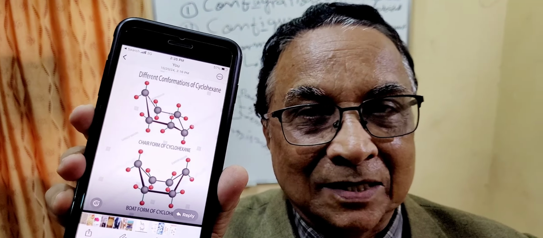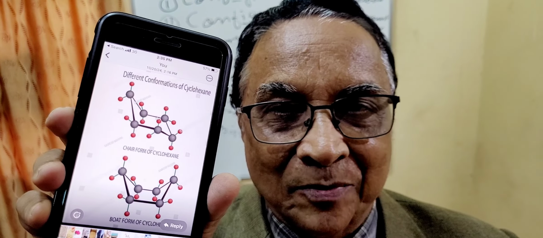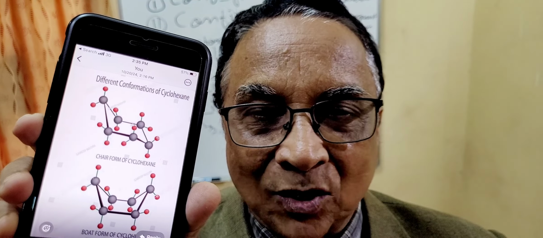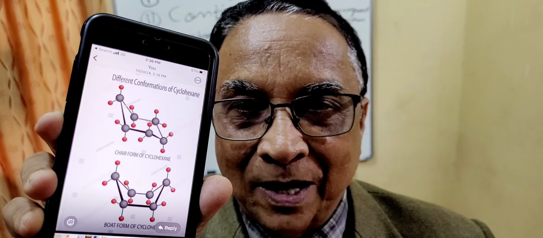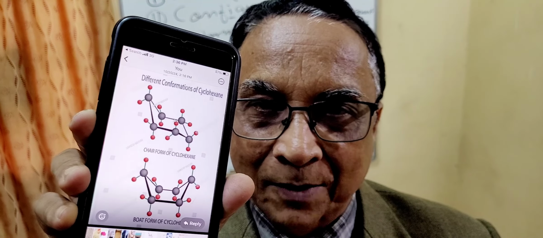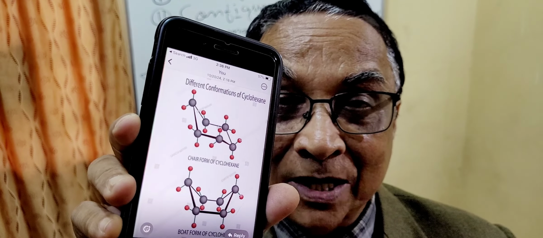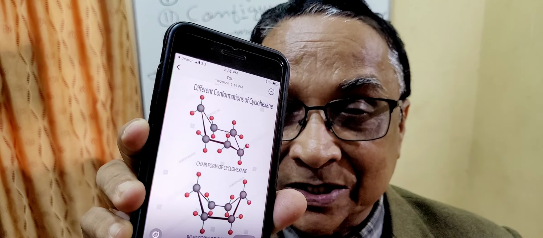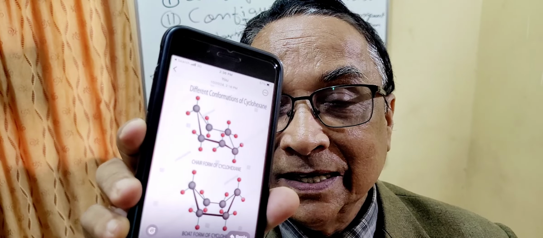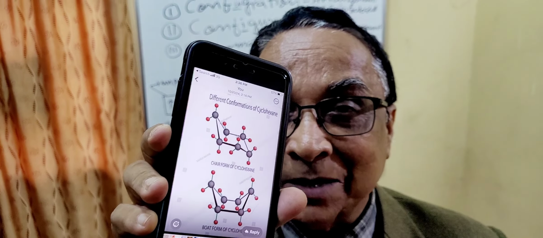In this image, a very clear image is shown about the conformation of cyclohexane, how cyclohexane is twisted either in the form of chair form or in the form of boat form, or half twisted or full twisted, and that condition of the arrangement of molecules within the space in different twisted forms is called conformation of the molecule, or we can say spatial arrangement, that is the arrangement of molecules in the space.